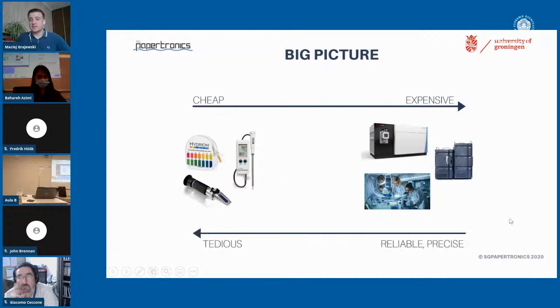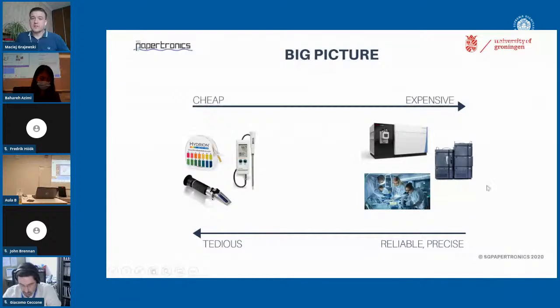We also asked different people involved in testing environmental samples how they would describe those cheap devices and those super expensive ones, and there were adjectives that appeared most: tedious work versus very reliable and precise, but not necessarily user-friendly.